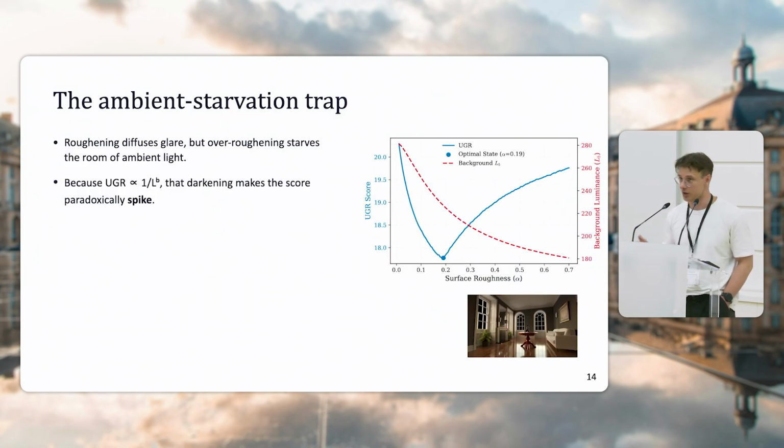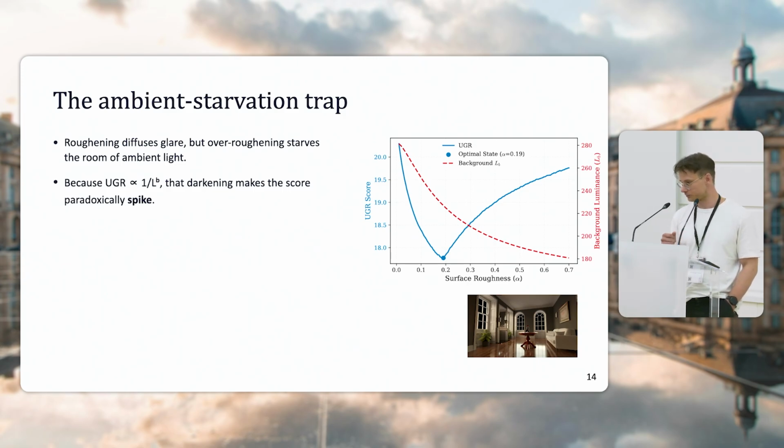One part that surprised us in our experimentation was surface roughening. Here we're trying to roughen the surface of the floor of the scene. Rougher means more diffuse, which potentially should mean less glare. At first, that's true. Here we plot what happens to UGR and background luminance as the floor becomes rougher.